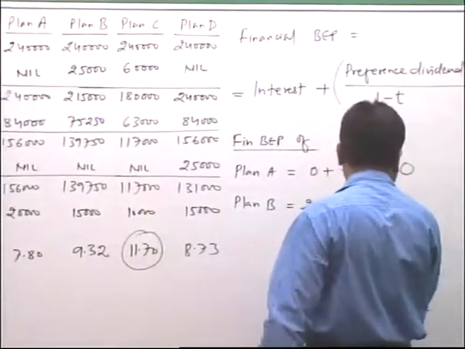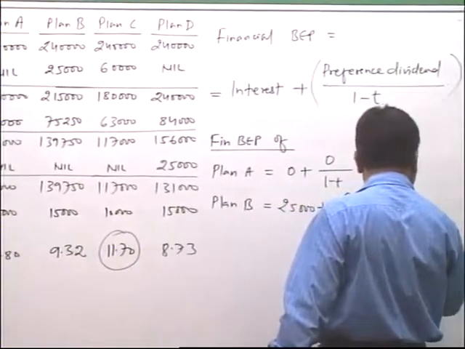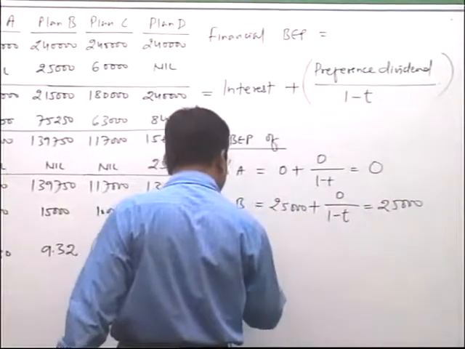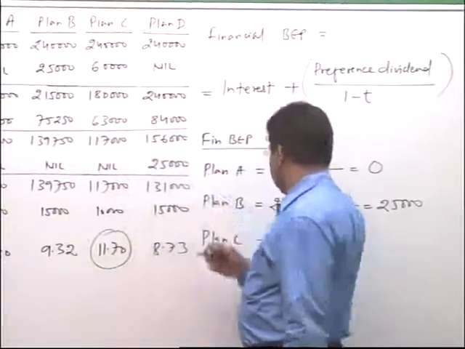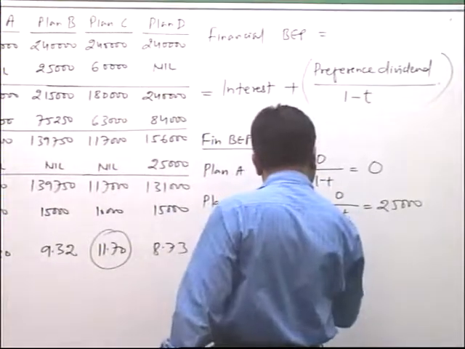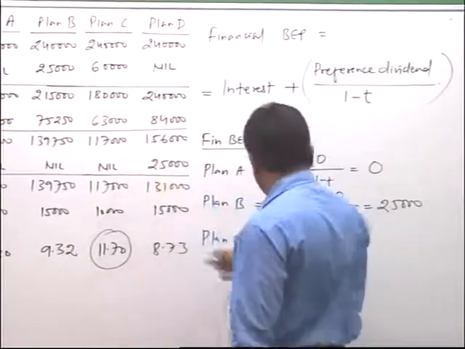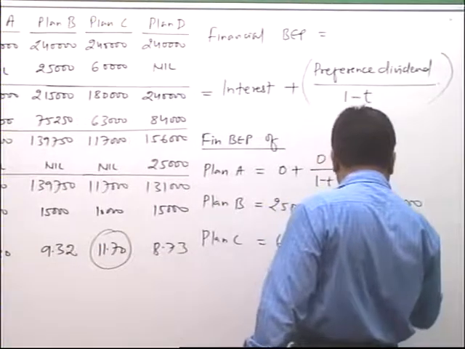So, 0 upon 1 minus T, that is 25,000. Then in plan C, the interest is 60,000. So, 60,000 plus preference dividend 0. So, 60,000 plus 0 upon 1 minus T, that is 60,000.